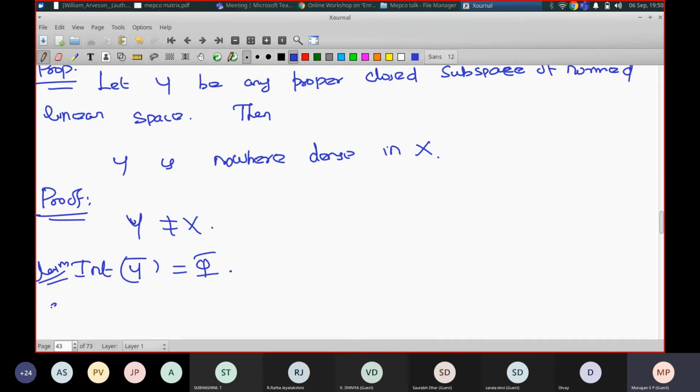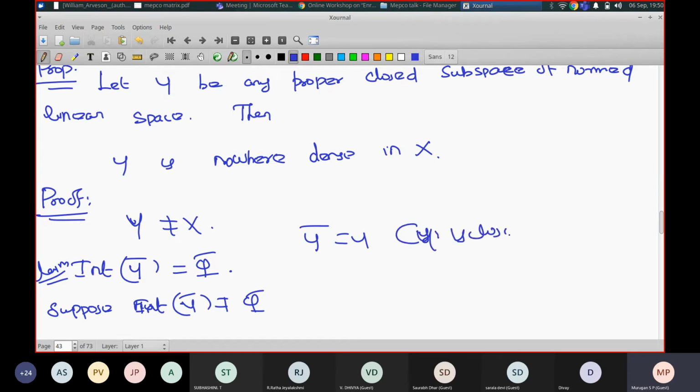Suppose the interior of Y bar is non-empty. Note that Y bar equals Y because Y is closed.